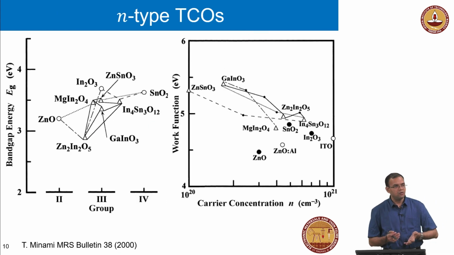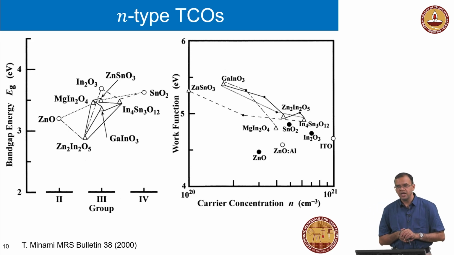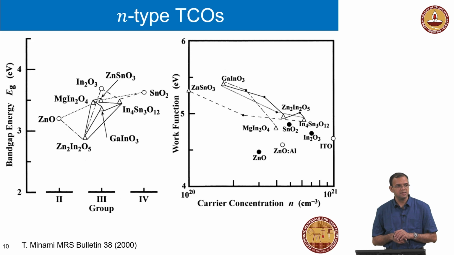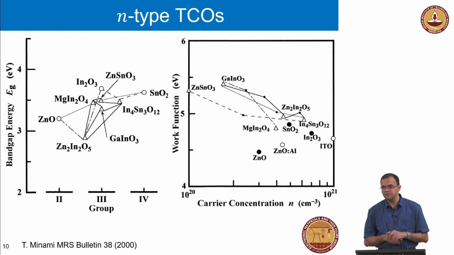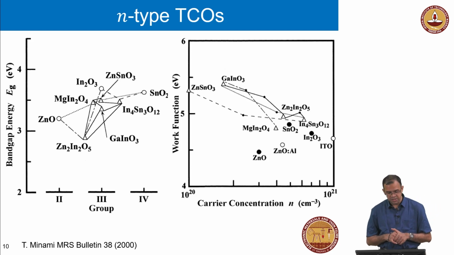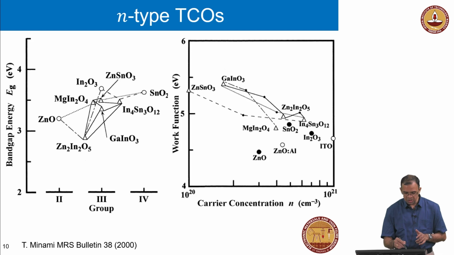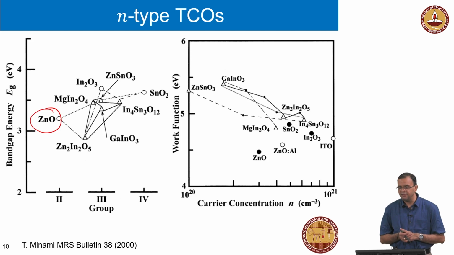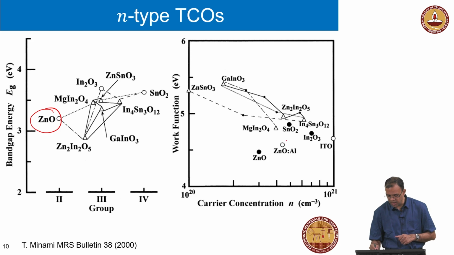The ITO of course is one particular oxide, but one of the drawbacks now especially is indium is expensive, it is very hard to get indium. So people are looking at a variety of other materials. Zinc oxide based TCOs are particularly popular because zinc oxide is widely available and used. So aluminum doped zinc oxide, so that is marked here, it is also called AZO.